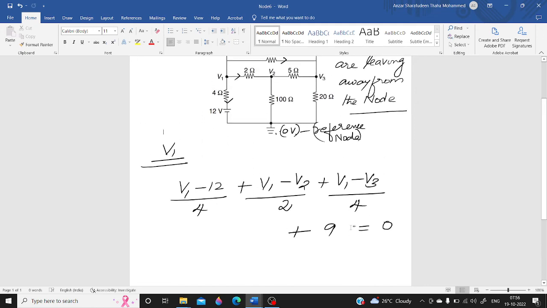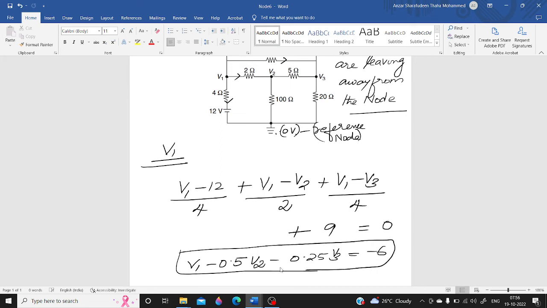While rearranging the equation in terms of V1, V2 and V3 and simplifying it, I get an expression like this: V1 minus 0.5 V2 minus 0.25 V3 is equal to minus 6. So this is equation number 1.